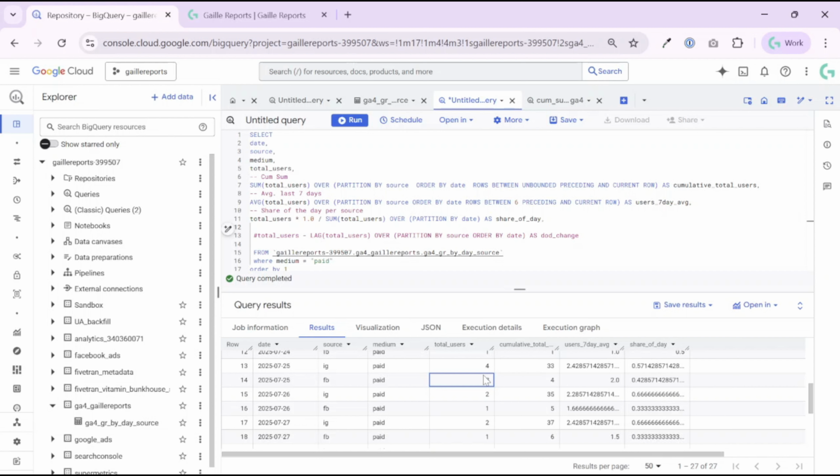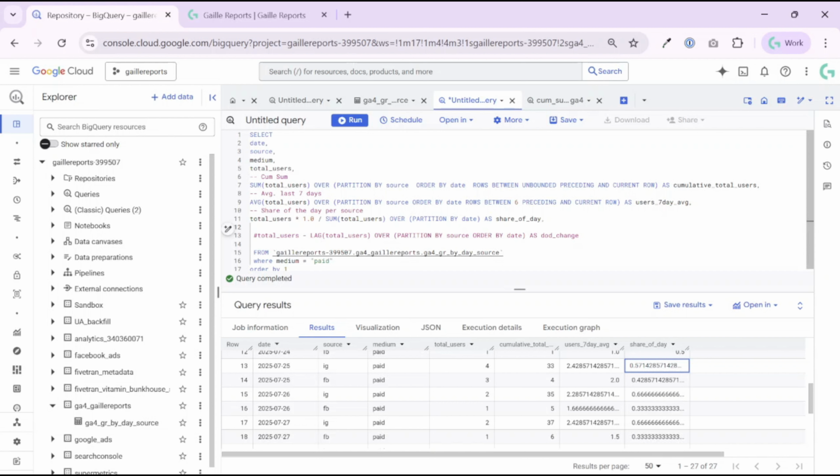So we do 4 divided by 7, and here 3 divided by 7, and we have the information that 57% of our users this day came from Instagram. I think it's super nice. It's not necessary to do it by day. We can do it by week. We can do it by data source, not only paid, not only my 27 rows. And you can find the share of your traffic source, how big this traffic is compared to your whole data.